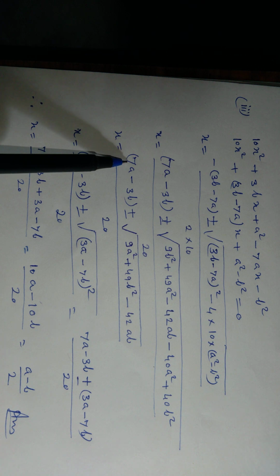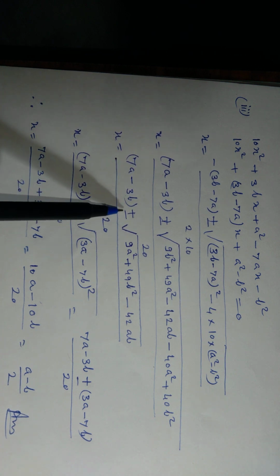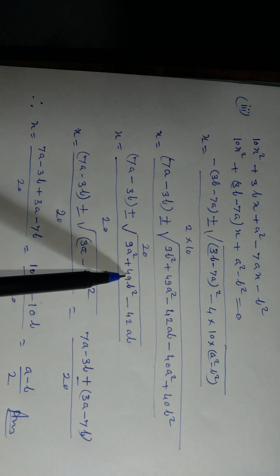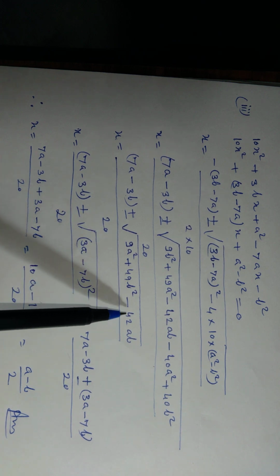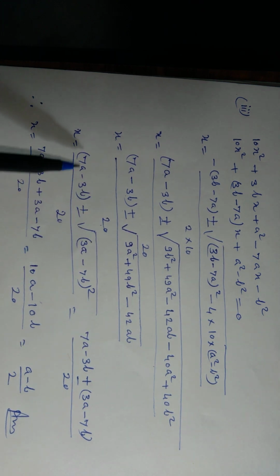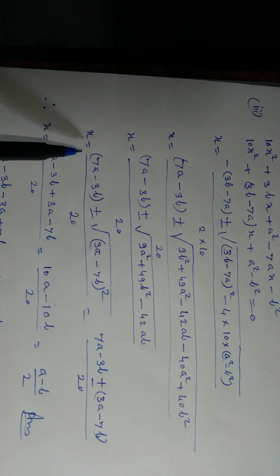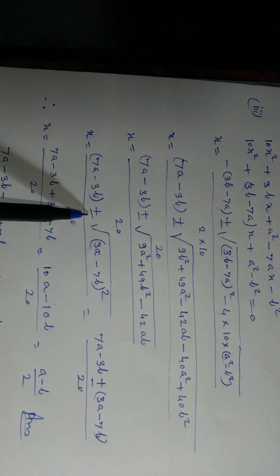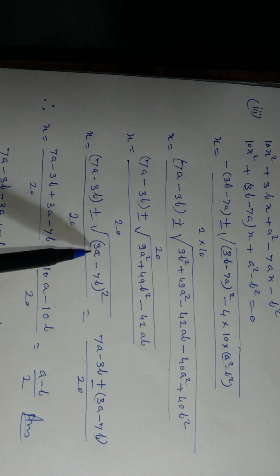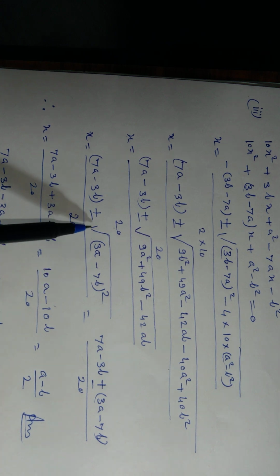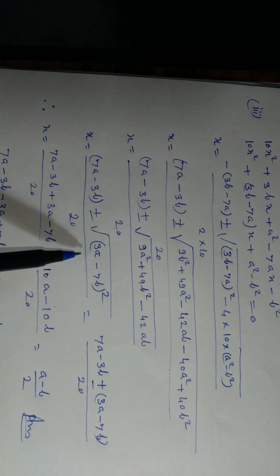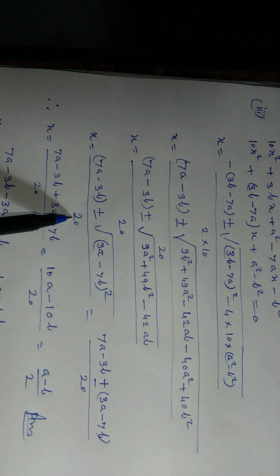X will be equal to (7a − 3b) ± √(9a² + 49b² − 42ab) divided by 20. You see this part can be written like this, again reduced into the (a − b)² formula, the root of (3a − 7b)² divided by 20.